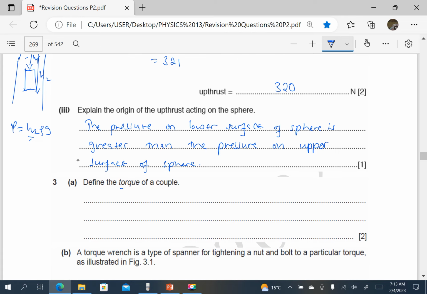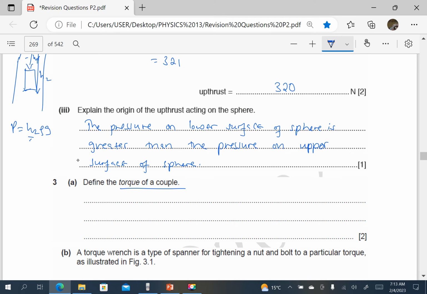Define the torque of a couple. Torque can be used in place of moment. In other words, we are defining the moment of a couple. Remember, a couple is two forces acting in opposite directions whose lines of action can never meet.